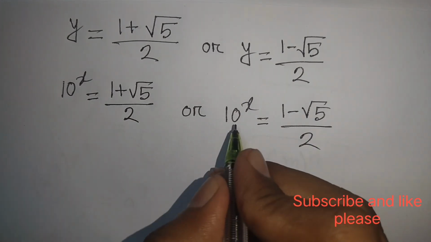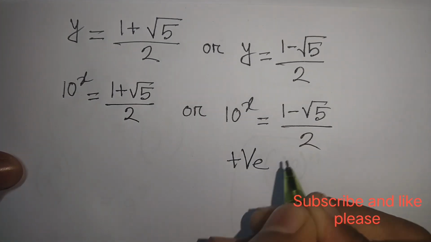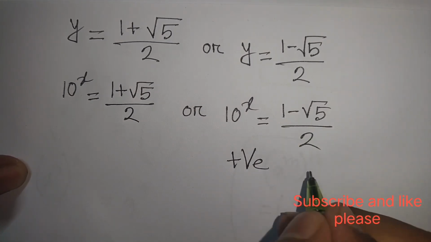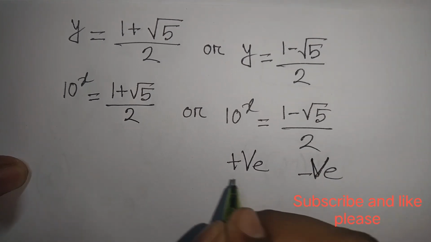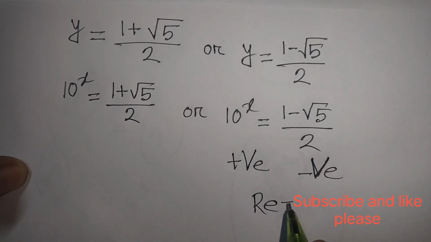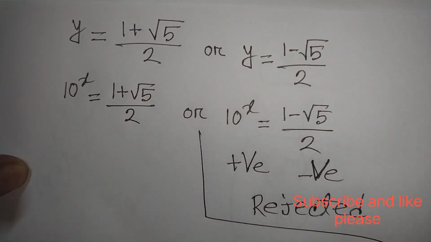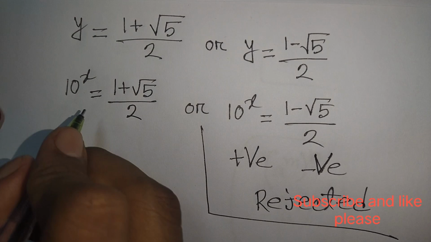Now we see 10 power any number is always positive, but 1 minus the square root of 5 divided by 2 must be negative. So positive cannot be equal to negative, so this is rejected. Now from here we take log on both sides.